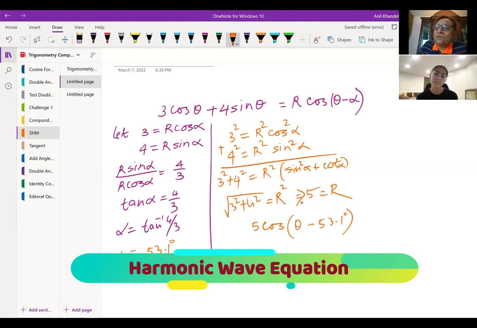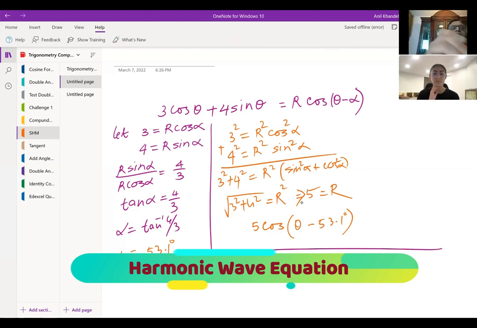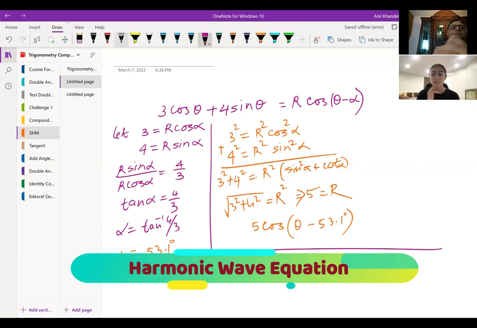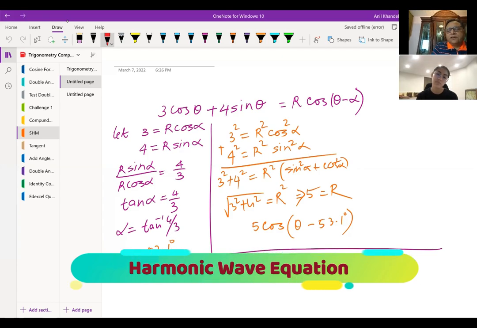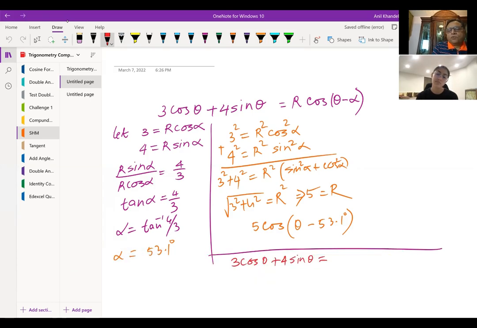How do we use this expression? That is a very interesting thing. There are many, many ways. One is definitely if I give you a question. My question is 3 cos theta plus 4 sin theta is equal to, let us say, some number, let us say 4.